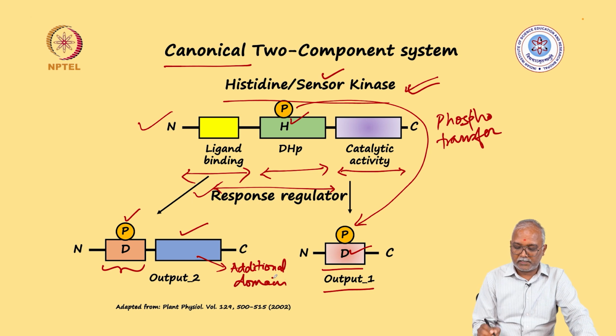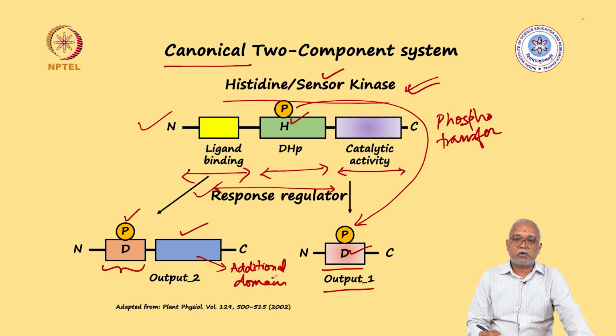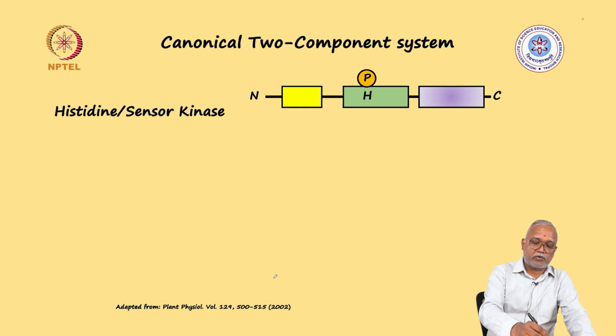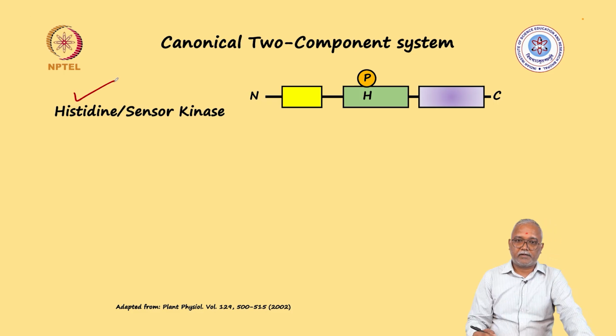The property of this additional domain is going to define how the response will be moving forward. And as I said, this could have a catalytic enzymatic activity, or it could have a transcription factor role, or many more. So basically in the canonical two-component system, if you talk about only the receptor here, one of the two components, the receptor or the sensor kinase.